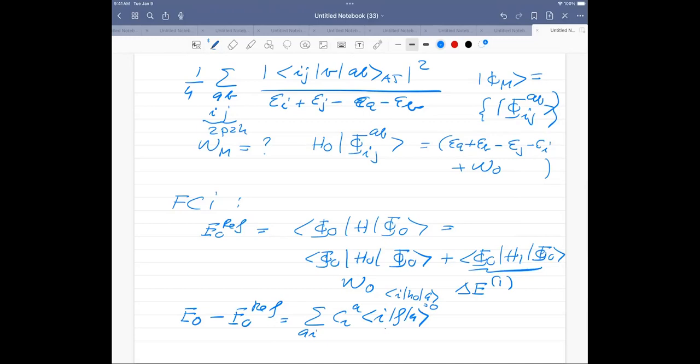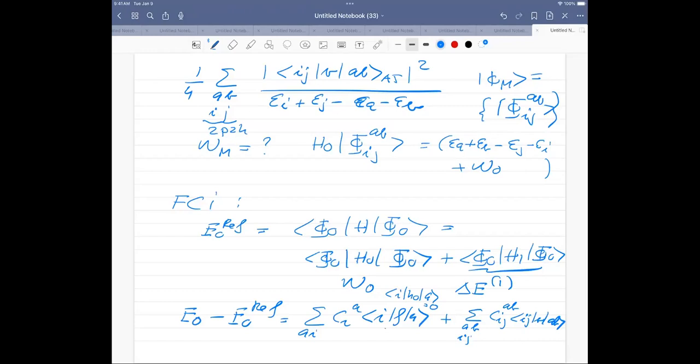If I have a Hartree-Fock basis, I have to be a little more careful, because in a Hartree-Fock basis this term is exactly equal to 0, because then it contains H0 and the effective mean field potential. And then I have plus a sum over a b i j, with the unknown coefficients which I get from diagonalization, and I have my ij, v, ab, and these matrix elements are anti-symmetrized.